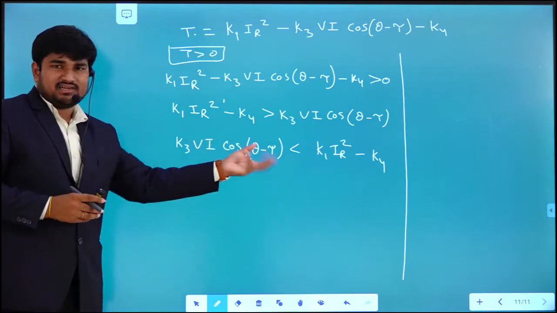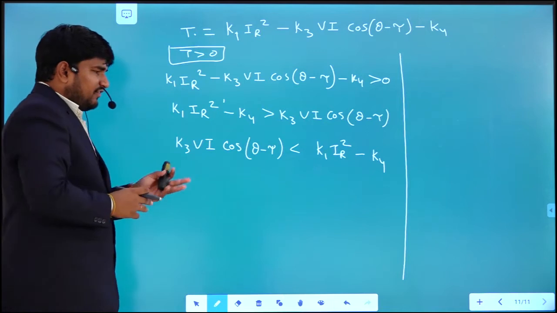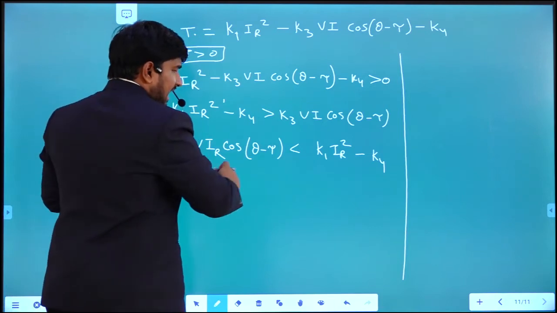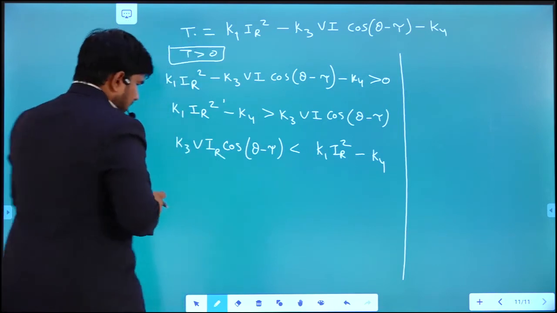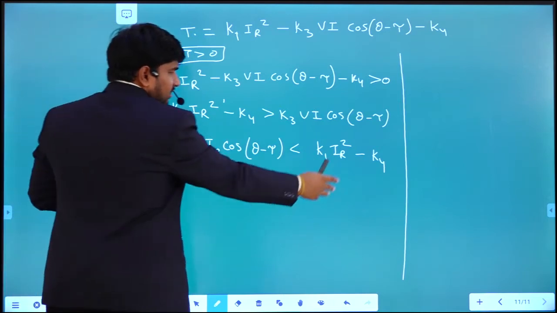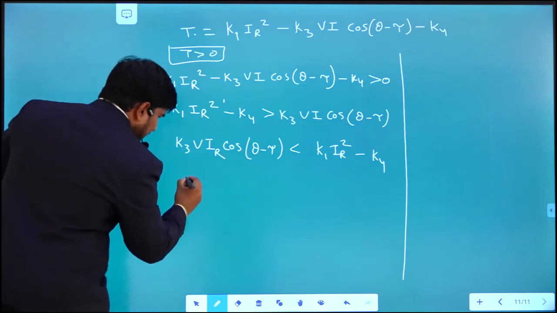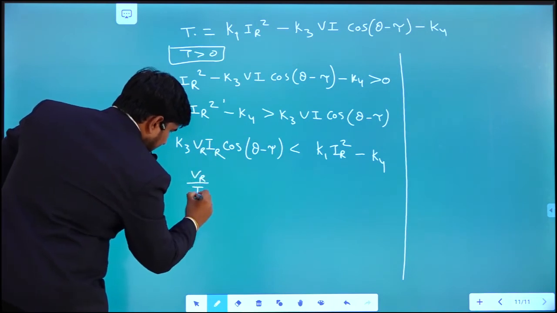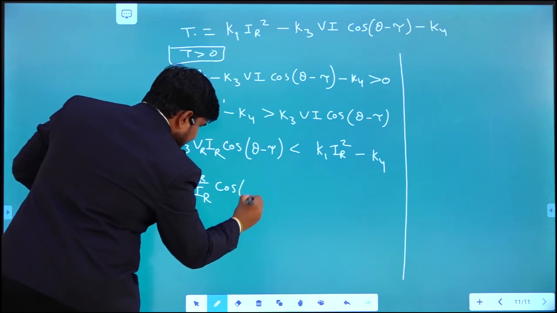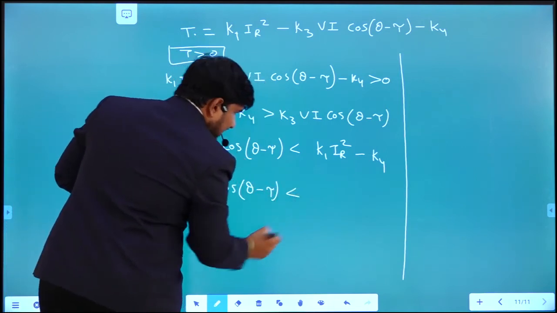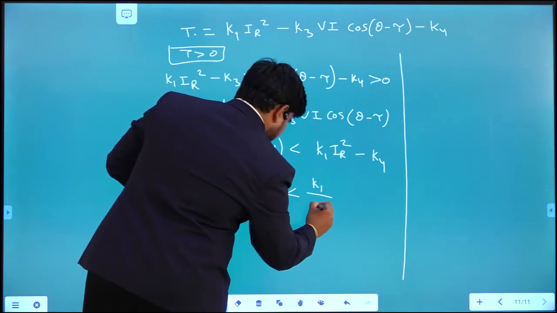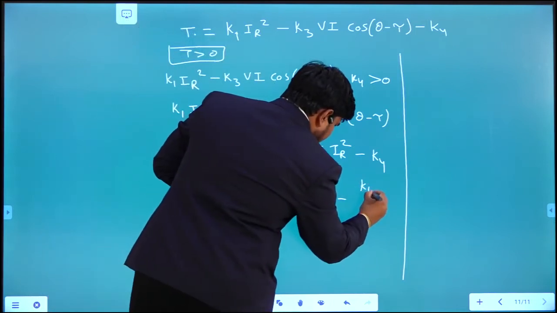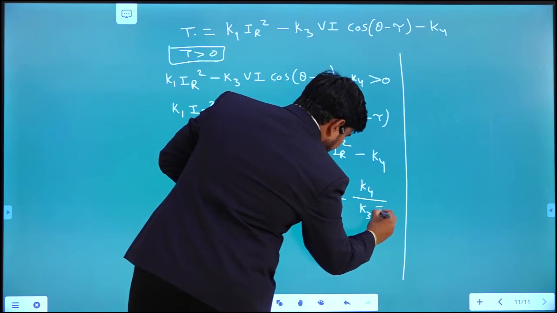Now dividing IR square on both sides and bringing the K3 term into the denominator, the expression will be modified like VR by IR into cos of theta minus tau is less than K1 by K3, the IR square divided by IR square being cancelled out, minus K4 divided by K3 into IR square.